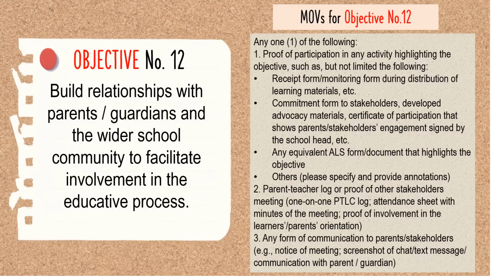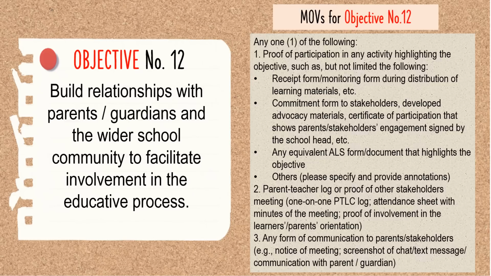Objective number 12, build relationships with parents or guardians and the wider school community to facilitate involvement in the educative process. MOVs for this objective, any one of the following. Number 1, proof of participation in any activity highlighting the objective such as but not limited to the following.